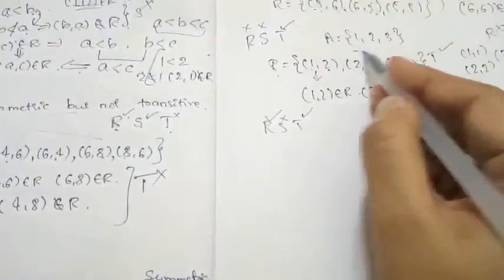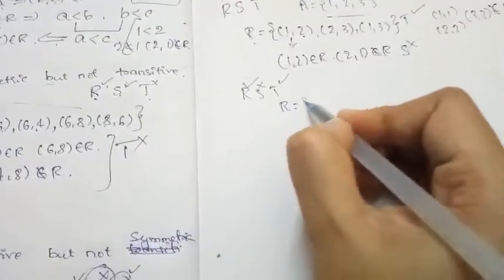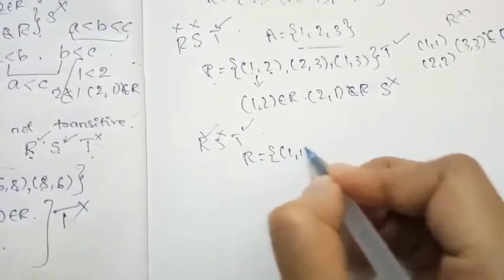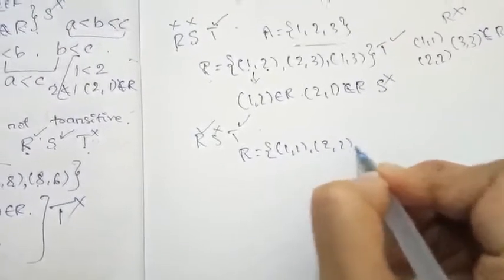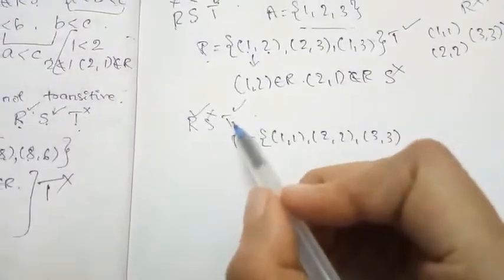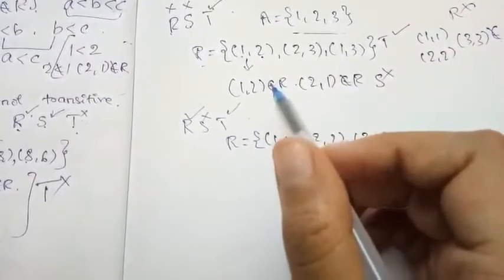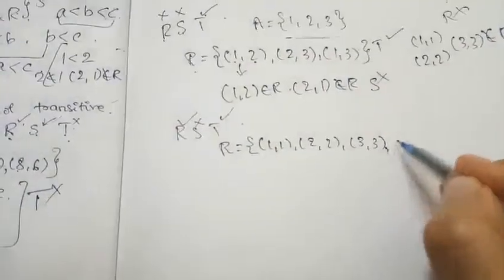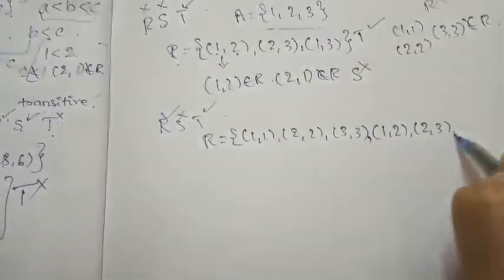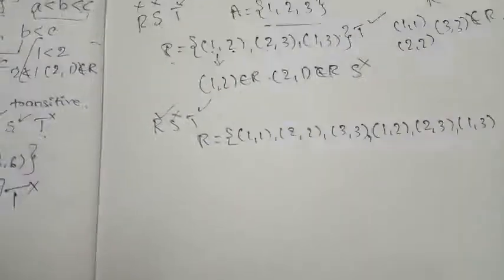For this set itself, I define a relation R such that it should be reflexive. Reflexive means the doublets of all the elements present in the set should exist, so I have written all the doublets. Next, it should be transitive, so I write (1, 2), (2, 3) and (1, 3).